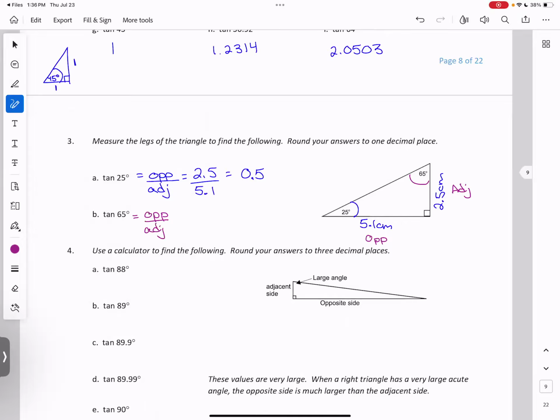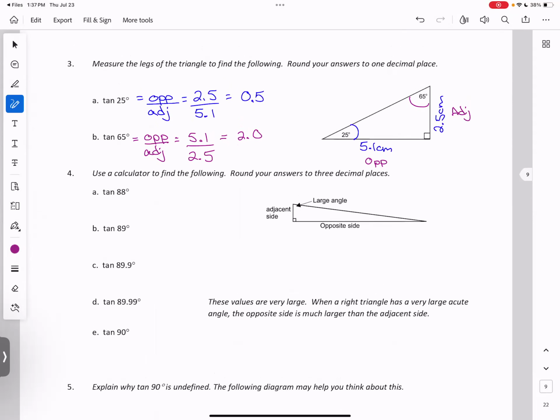But this time, that's going to be 5.1 over 2.5. And what does that give us? Rounded to 1 decimal place, I get 2.0. And just out of curiosity, if I do tan of 65 on my calculator, I get 2.1. So very similar.